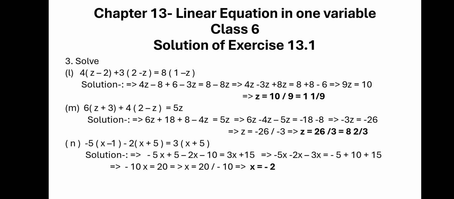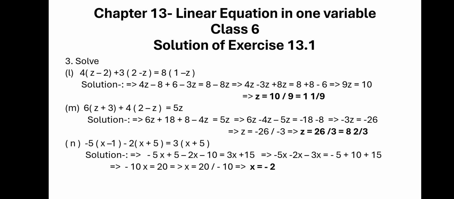Because 6 minus 4 is 2z, and 2z minus 5z will give you negative 3z, which is equal to negative 26. So z will be equal to negative 26 upon negative 3. Both are negative, numerator as well as denominator of the fraction, so that will become positive, and the solution of this equation is z equal to 26 upon 3, which can be written in the mixed fraction as 8 and 2 by 3.